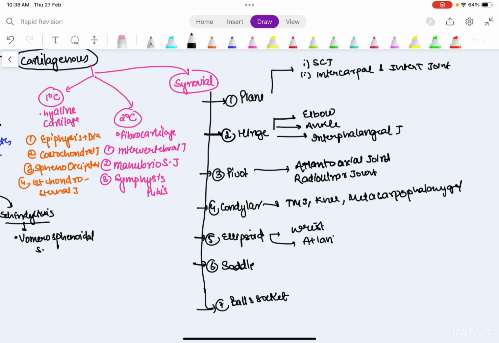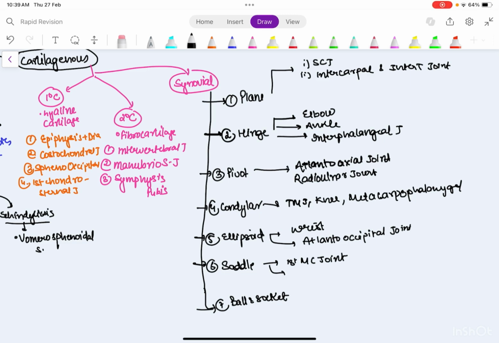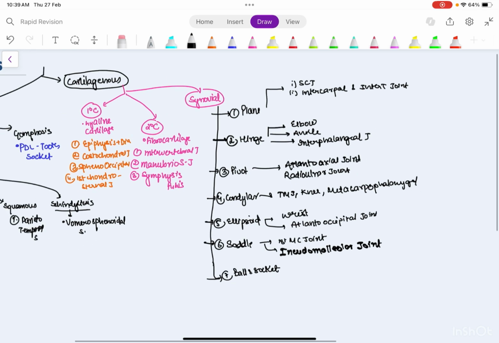and very important, atlanto-occipital joint. In saddle, you have to remember the first carpometacarpal joint. All right, then in this you can also remember the incudo-malleolar joint. Just write it in a better way. Incudo-malleolar joint.